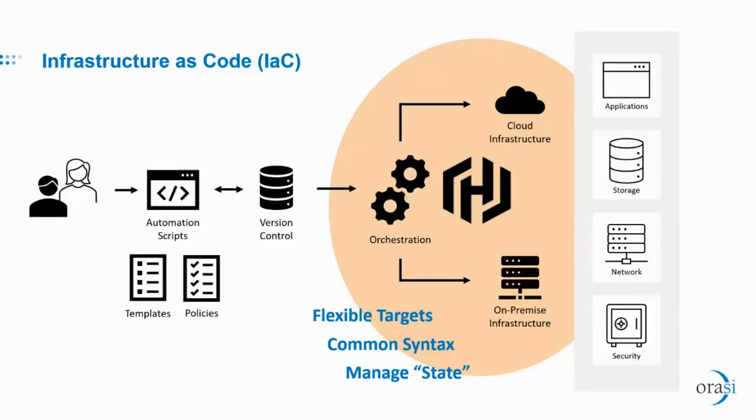If somebody makes a change in Azure directly for some emergency patch, I don't have to worry that my script is now out of date, because it will automatically be corrected at apply time. So that's the approach that HashiCorp has taken to all of their products, and they all fit into this model and provide that intelligent orchestration layer.